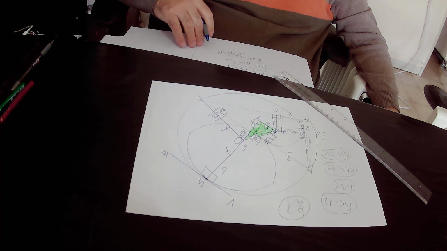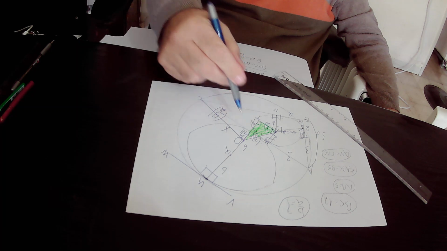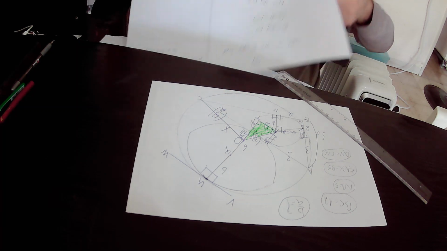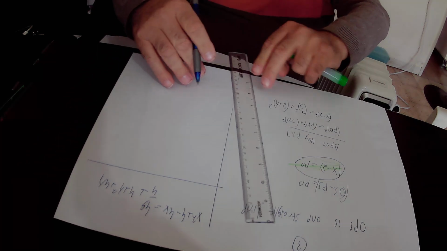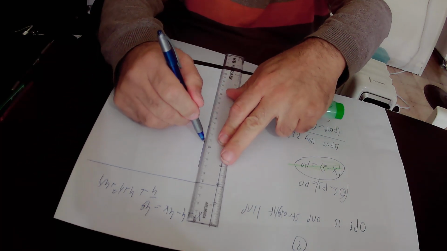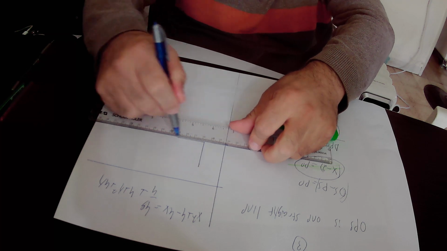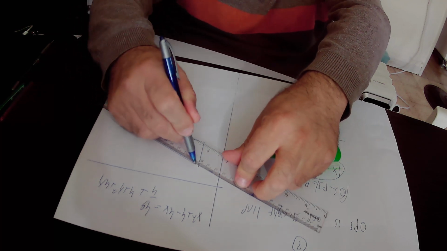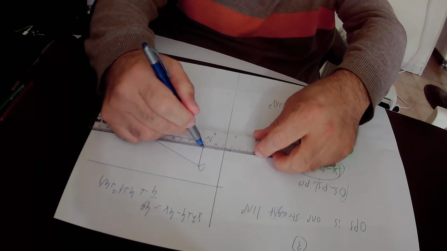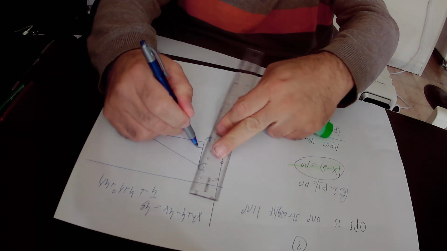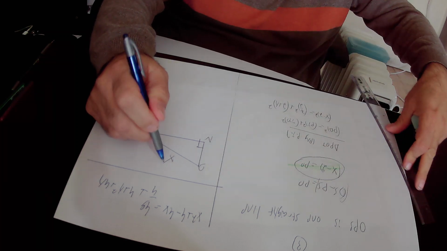We'll focus on the right triangle ONC. So I copy the right triangle ONC here. The hypotenuse OC is equal to x.